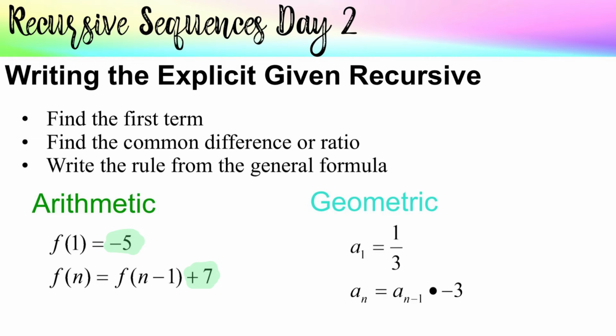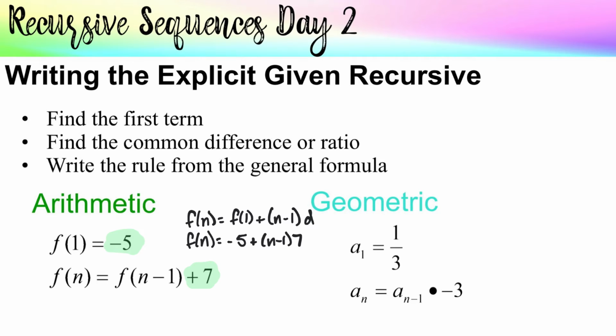So it's given with the a and the subscript notation, but it's also as f of n is equal to our f of 1, our first term, plus n minus 1 times our common difference. And in this case, f of n is going to be equal to -5 plus n minus 1 times our common difference, which is 7.